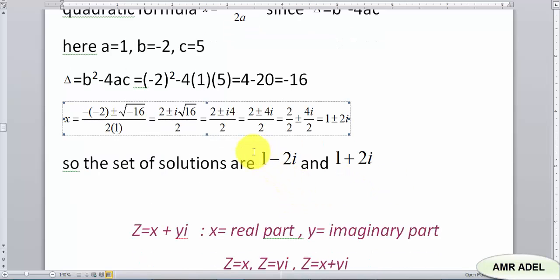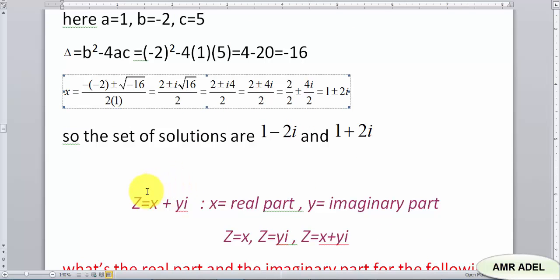Look at this one. Here it says z equals x plus yi. It means any complex number consists of two parts, the real part and the imaginary part. The real part is without i, and the imaginary part is multiplied by i.